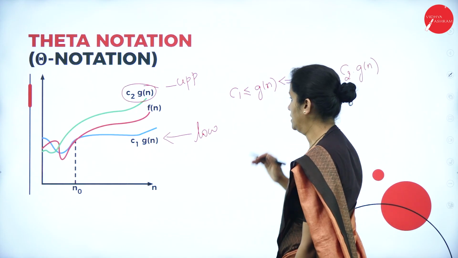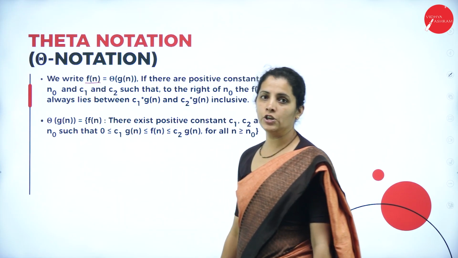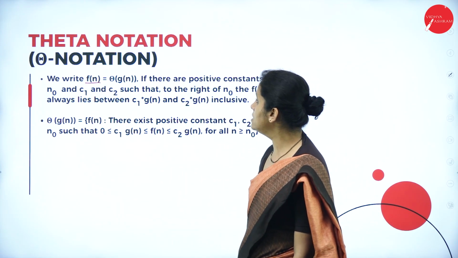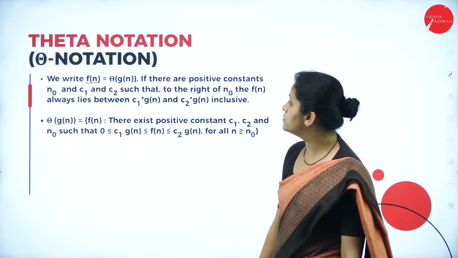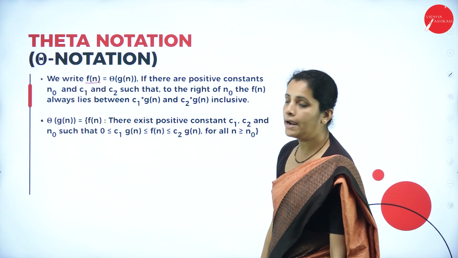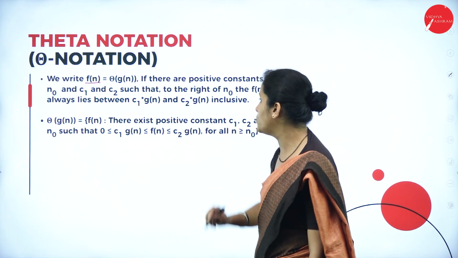Now see here, we write the function initially. How am I going to write? That is f of n, that is nothing but theta of g of n, where n is nothing but a constant value.